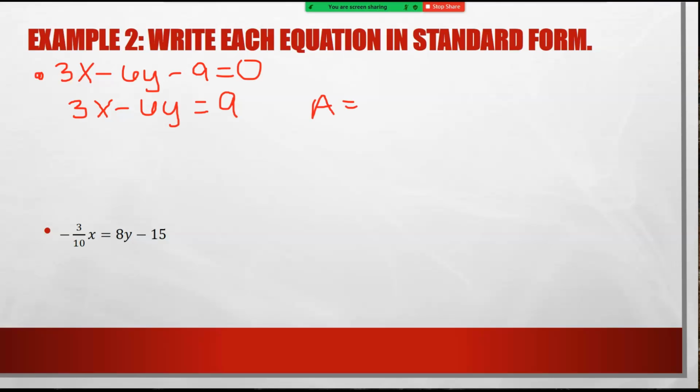Your A value is 3, your B value is 6, and your C value is 9.